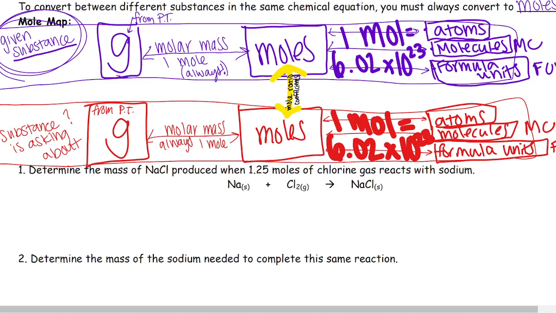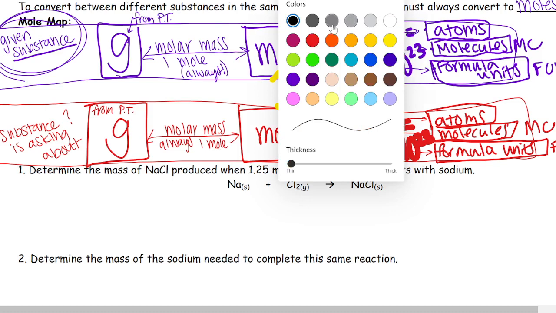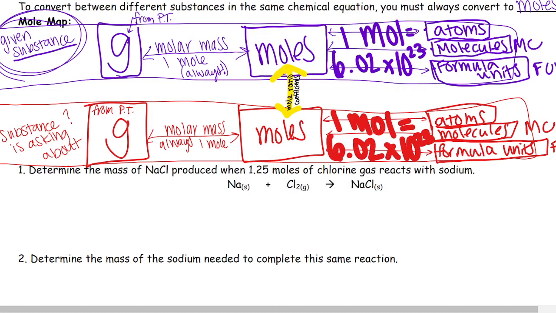So in this one, example 1 says, determine the mass of NaCl produced, which means that my final answer is going to say something grams of NaCl, since that is what the question is asking for. So the substance that the question is asking about is NaCl.